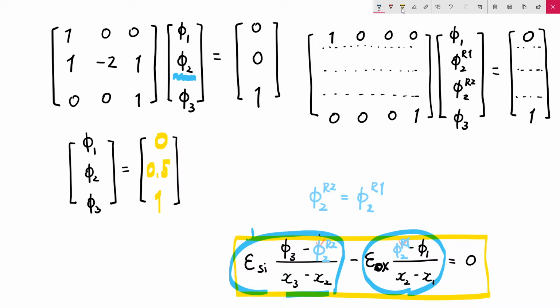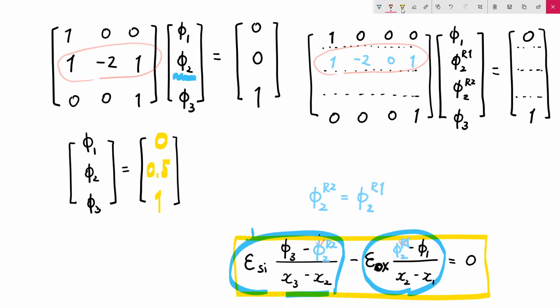For example, 1, minus 2, 0, 1. Can you see it clearly? This second row shown here actually corresponds to the second row of our previous 3 unknown variable case. So 1, minus 2, 1. The unknown variables related are phi 1, phi 2, and phi 3.